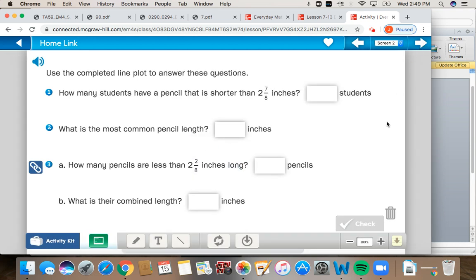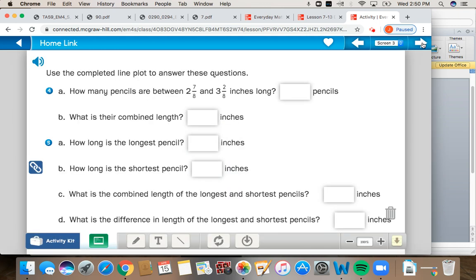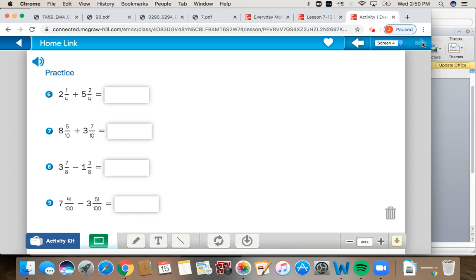And then you're going to answer these questions. I'm just going to leave this screen up for a little bit so you can see it. And here's some other questions about the line plot, and they're really similar to the ones that we just practiced. And here's some practice problems for you.